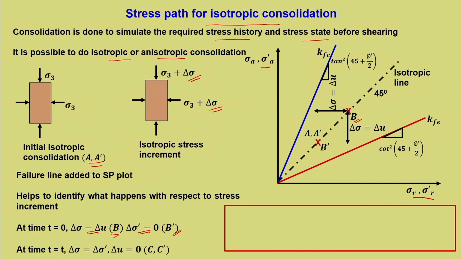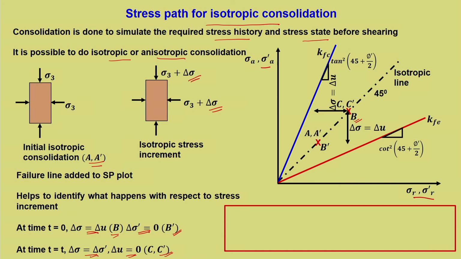In that case all the stress increment is now in terms of effective stress, pore water pressure is 0, and this will be indicated by point C dash, because there is no total stress condition here. If there were a total stress condition at time t equal to t, then points C and C dash would not coincide. Here in this case, point C and point C dash are the same.